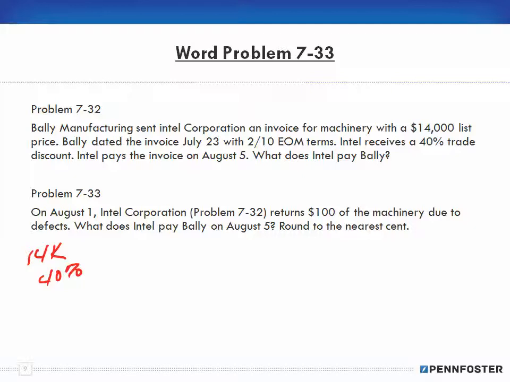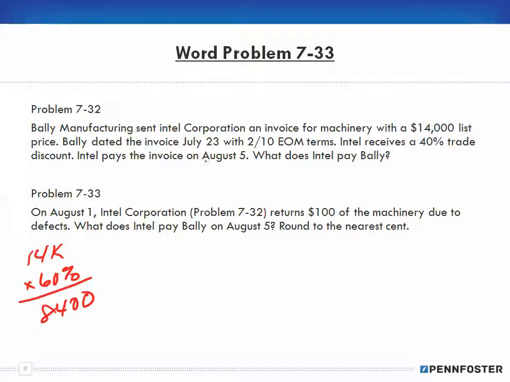It's easier for me to just say they have to pay 100% minus 40%, or 60%. So if I multiply the 14,000 by 60%, I end up with $8,400, which is what Intel must pay. I'm not concerned with how much the discount amount is, even though I could take 40% of 14,000 to find that out.